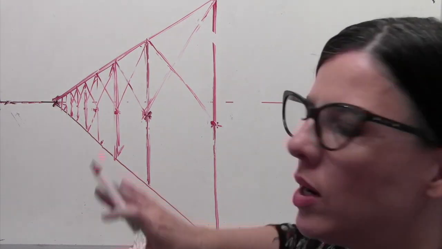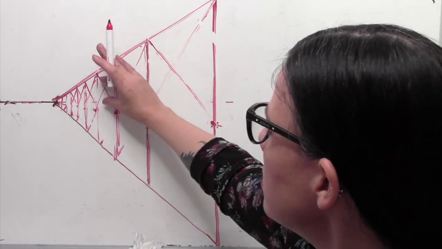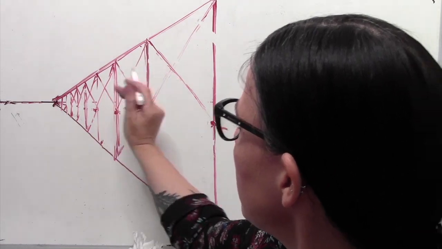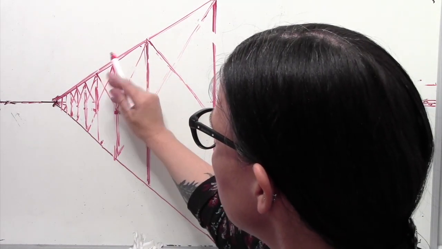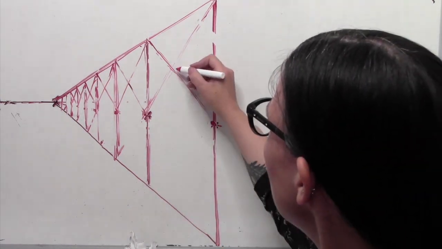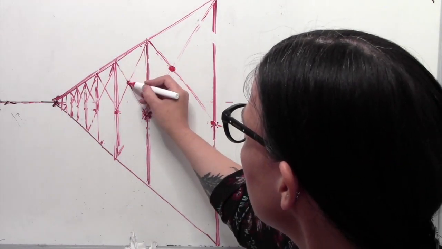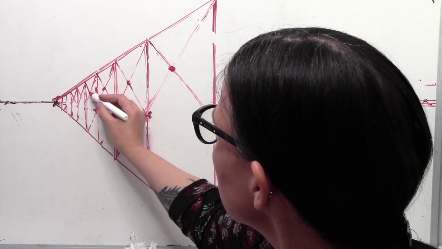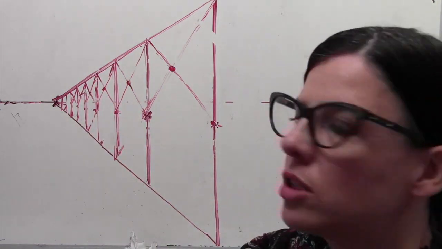Okay, so now I have created X's in each of these, in the top half of each of these segments. Why did I do that? Well, I'm going to use that kind of as the keystone of my arch.